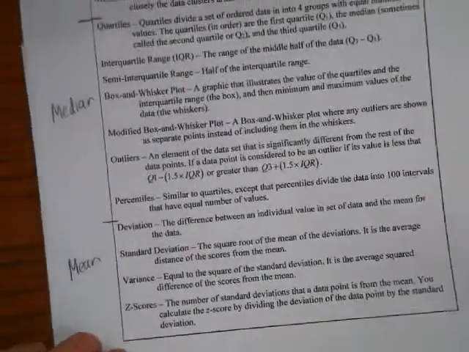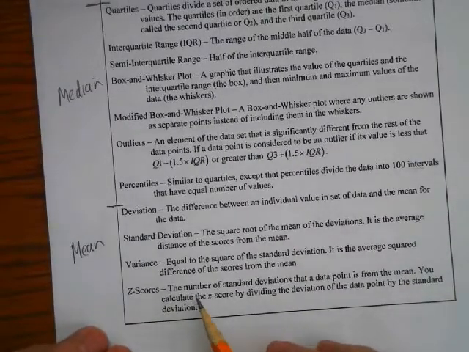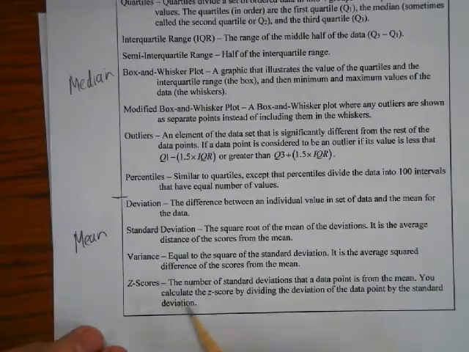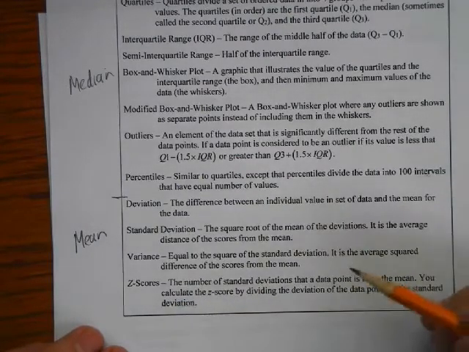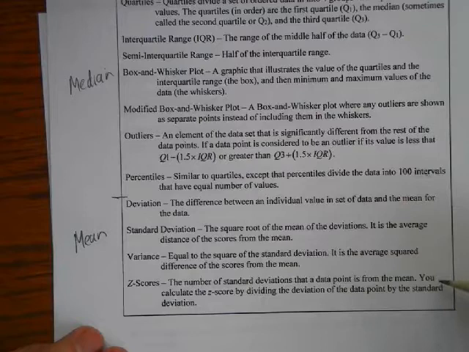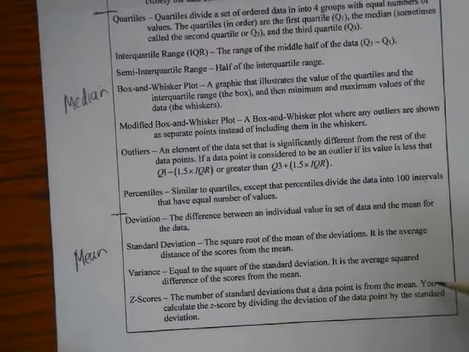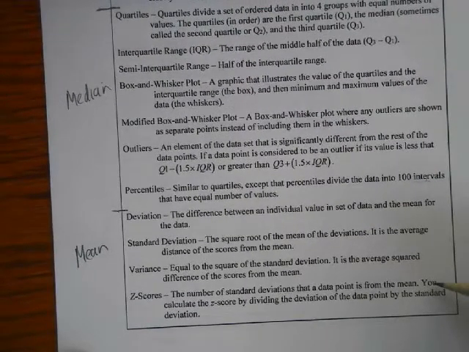Okay, so the first page. So the Z-score will be a number that we get. Okay, so that number is the number of standard deviations that a data point is from the mean. And we're going to work with Z-scores a lot next unit as well.